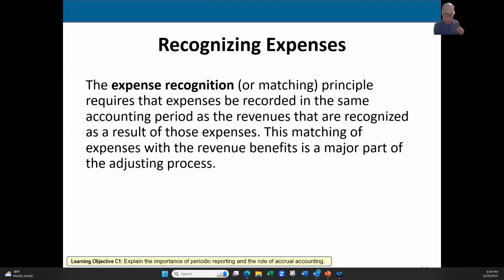I'm going to date it August 31. Because I used that electric in August. So according to the matching principle, I have to record the transaction when it actually happened. That's how recognizing expenses works in accrual-based accounting.